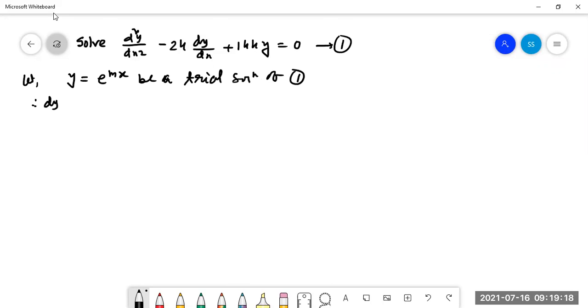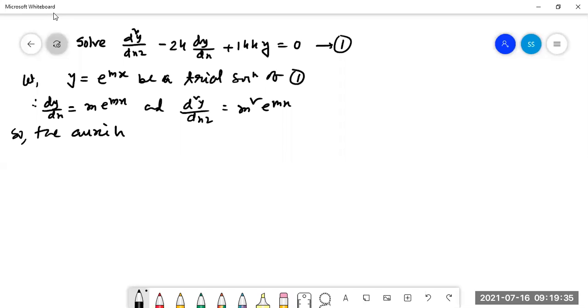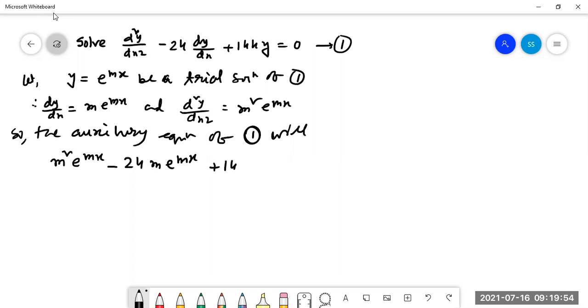So dy/dx equal to m e to the power mx and d²y/dx² is equal to m² e to the power mx. So the auxiliary equation of 1 will be m² e^(mx) minus 24m e^(mx) plus 144 e^(mx) is equal to 0.